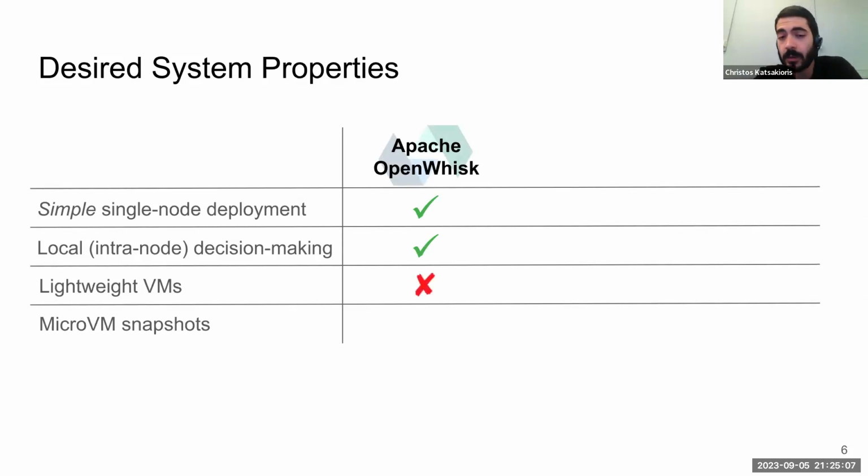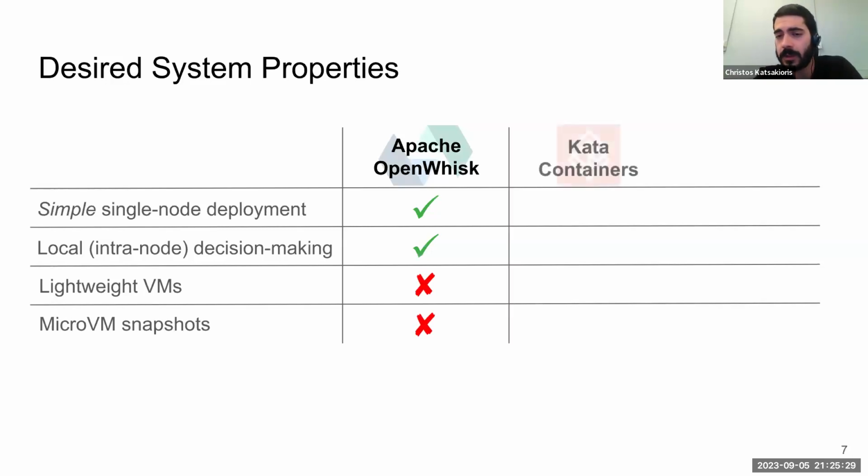However, OpenWhisk does not support microVMs at all. In fact, it is integrated with the Docker command line client, and its design appears to be driven by a container-centric logic or by inefficiencies that the project itself has identified in the Docker daemon.